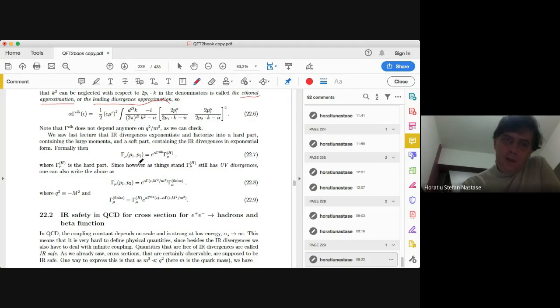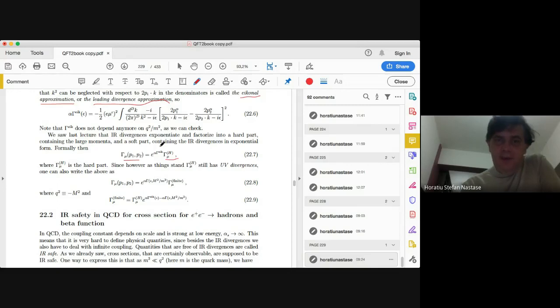So again, then the vertex factorizes into a hard part, and then a soft part that is exponentiated.